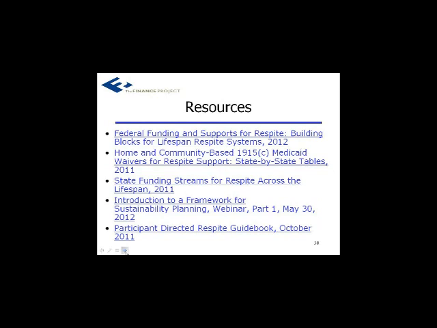Looking at some Medicaid waivers that can be leveraged. So you've created a really nice set of resources, and have some nice opportunities to learn from each other.